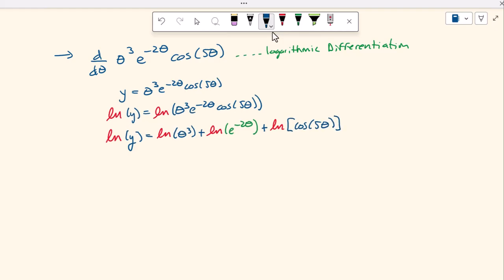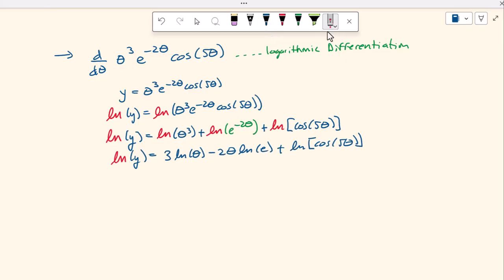Okay, now there's a couple things I could do to simplify this first. So again, I have the natural log of y. Now this 3 right here I can pull out front. So that's going to be 3 natural log of theta minus 2 theta natural log of e. Now the rule that I used there was that power rule, meaning I can pull that exponent out front.